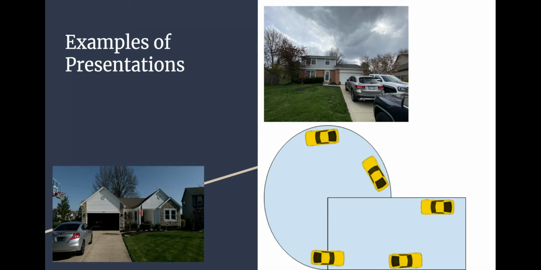So here are some examples that I pulled out of a couple of the presentations. Most of the presentations started with a picture of someone's home. And they would say, okay, this is my house. It's a 2-story residential, and so on. We use all the fire terminology.